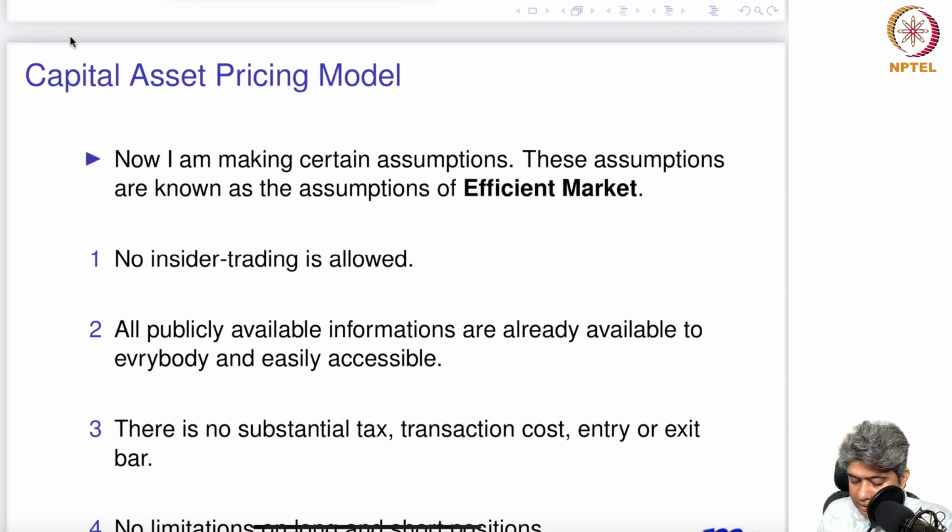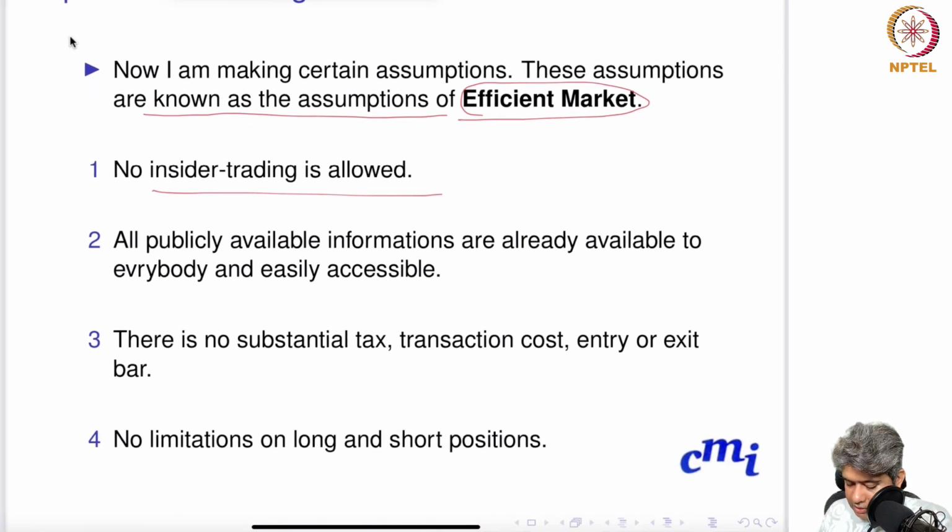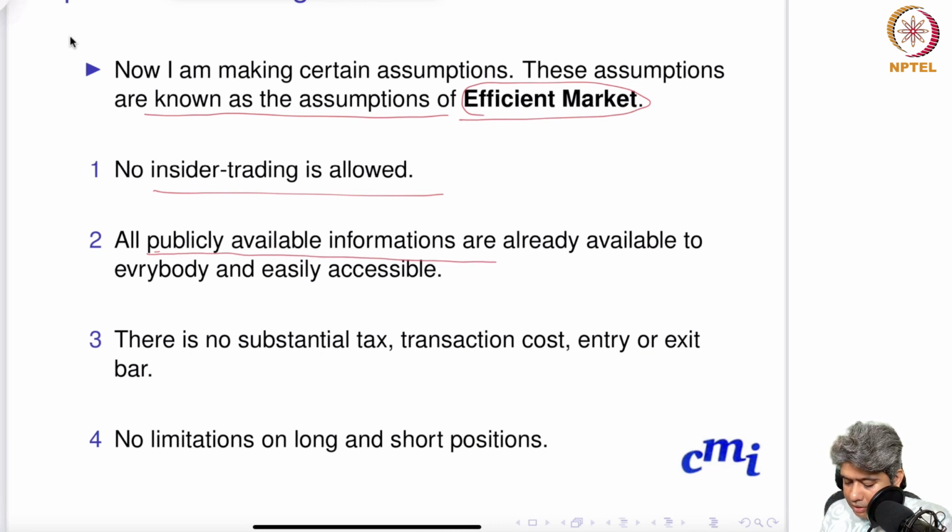Now I'm making certain assumptions. These are known as the assumptions of an efficient market. No insider trading is allowed, like nobody has any internal information and does any trading with internal information. All public information is already available to everybody and easily accessible.